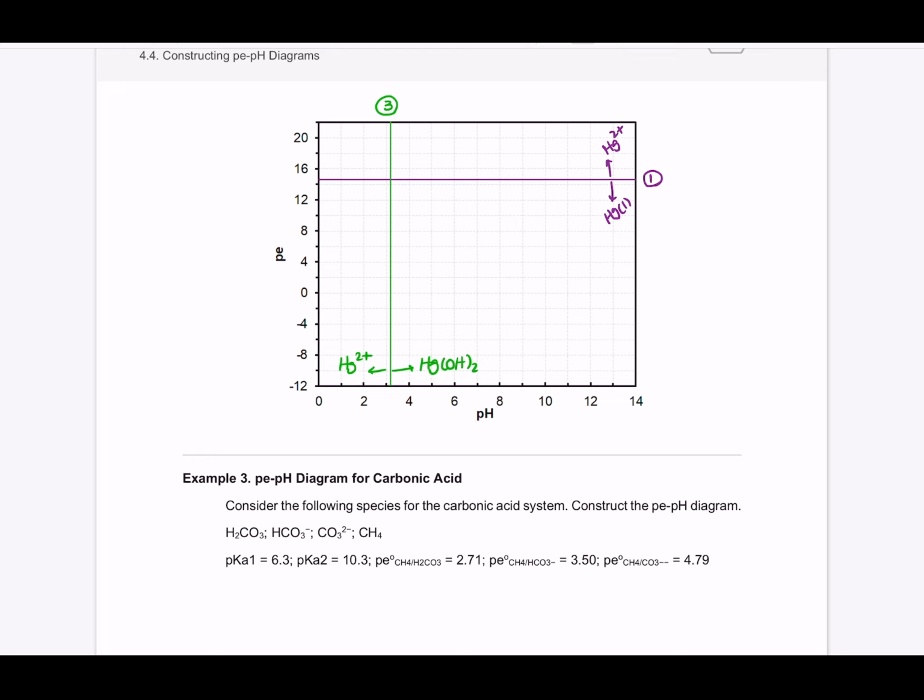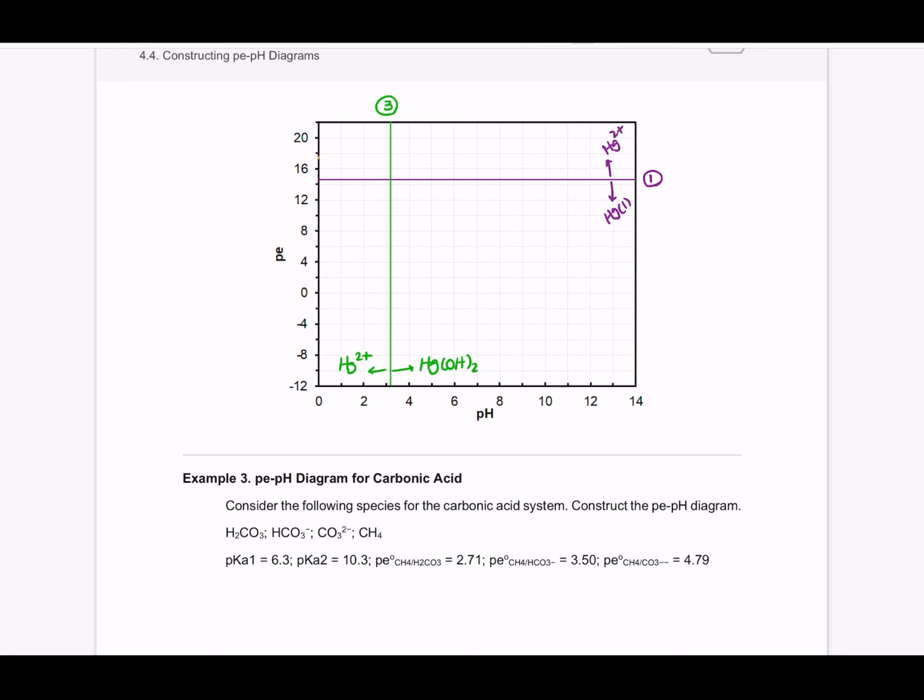So now looking at the last line, line number 2, which is a tilted line with an equation of 17.5 minus pH. The easiest points are pH of 0 and then pH of 14. So those are the two points we can pick. At pH of 0, it would be 17.5, so roughly here.